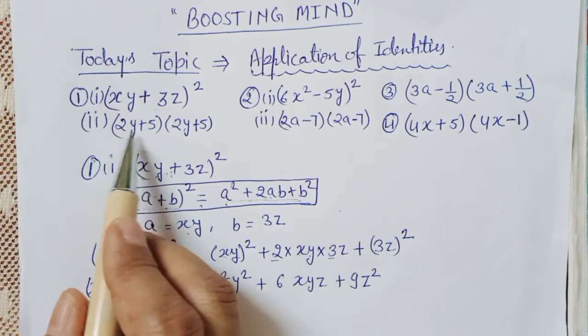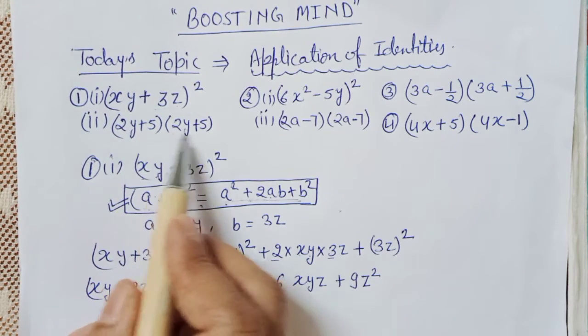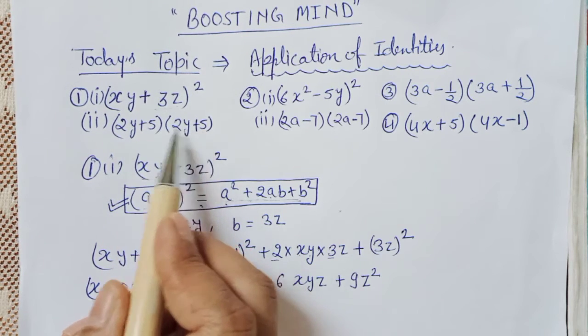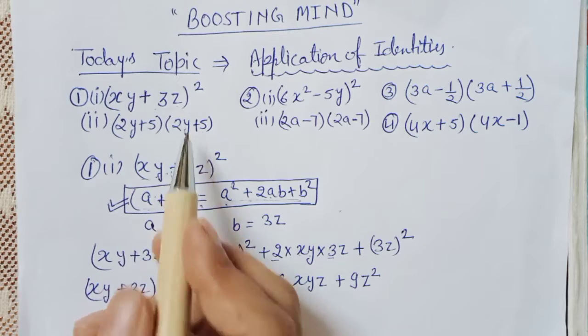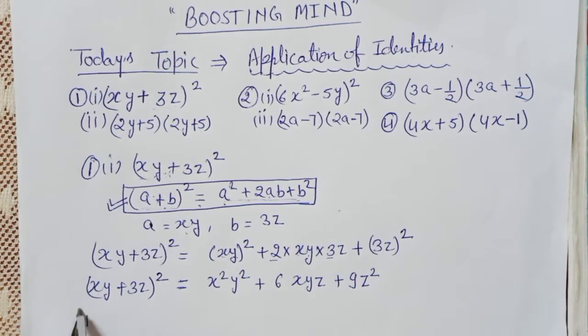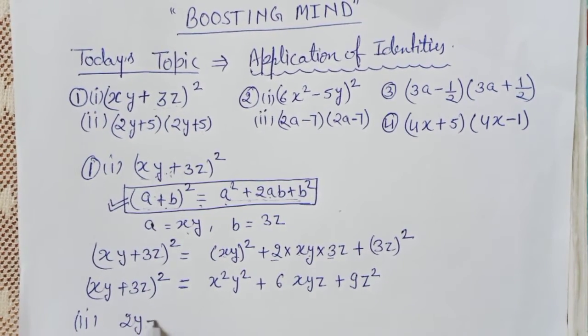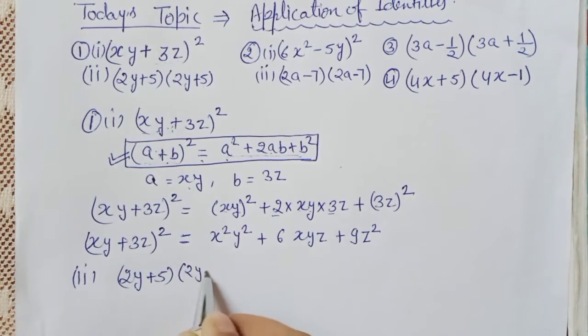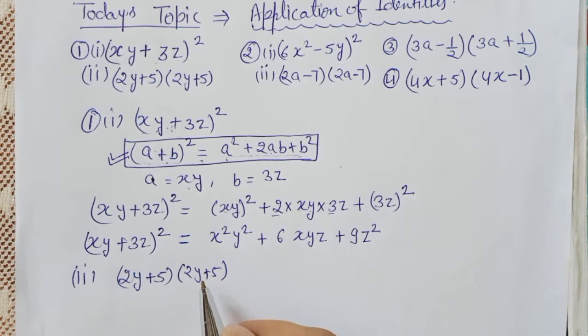In case you have two brackets of the same terms and the same sign, how will you do that? Here, (2y + 5) and (2y + 5).